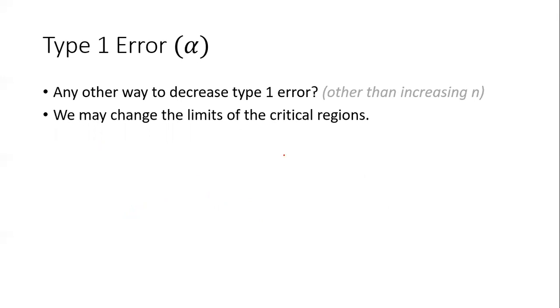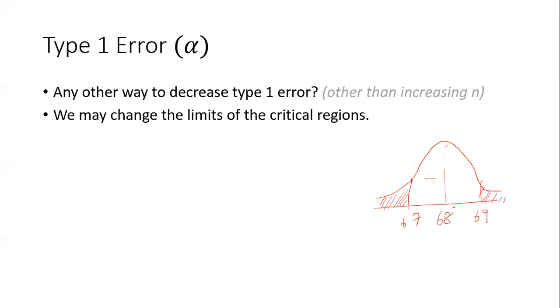So is there any other way to decrease type 1 error, okay? Well, we may change the limit of the critical regions, okay? So remember the critical region: this is 68. So one place is here, the other one is here, and remember the type 1 error is the area here plus the area here.